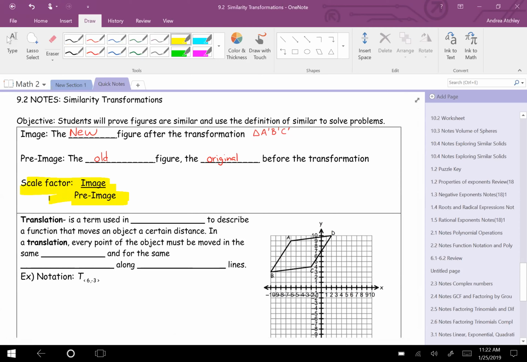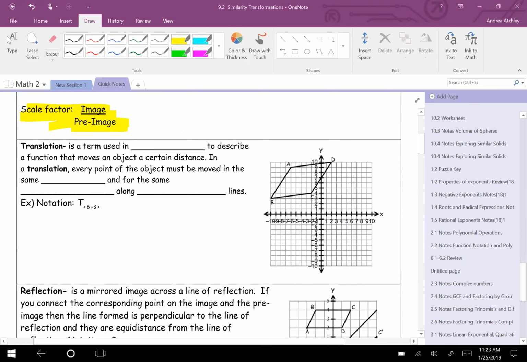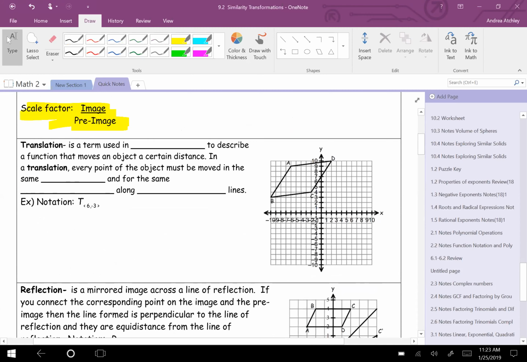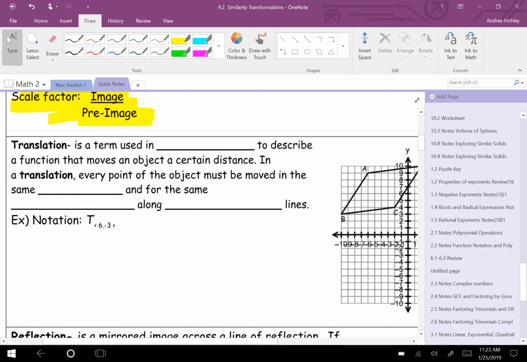Okay, so now we're going to review the translations that you guys learned last year in Math 1. Things you're familiar with. Dilation is the new one that we are learning in Math 2. Translation is a term used in geometry to describe a function that moves an object a certain distance.